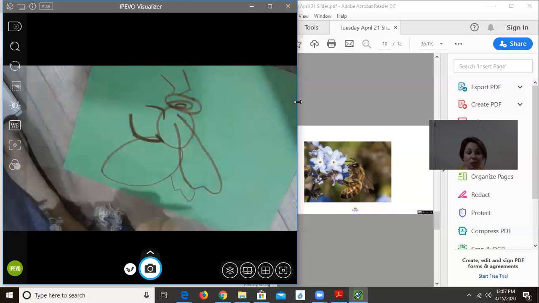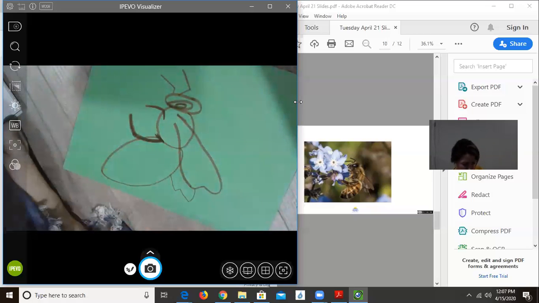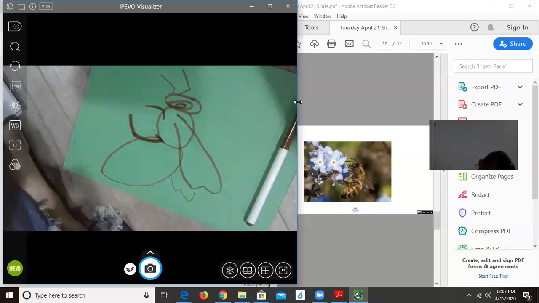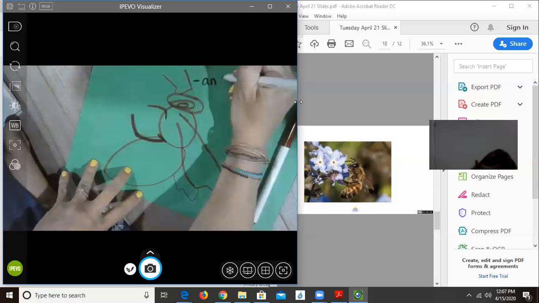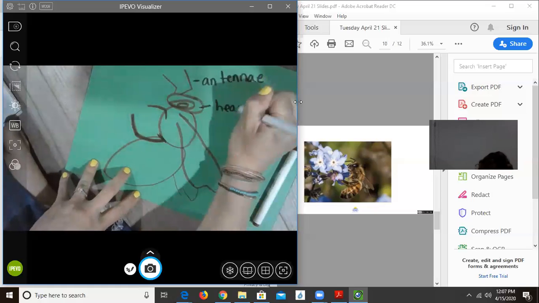okay? So I'm going to show you how I would label this drawing. And again, I'm going to do it in a different color so that you don't get confused about what I did and what you see. So here are my antenna, okay? Here's my head.